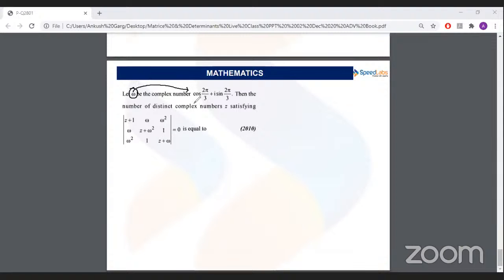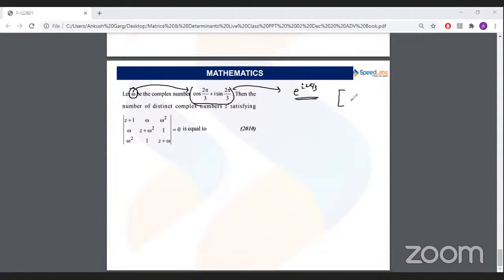Here they have given this relation. So you can clearly see cos 2 pi by 3 plus iota sin 2 pi by 3. That is nothing but our cube root of unity, e to the power iota 2 pi by 3. But if it is not given, if this term were not given here and it was this type of expression, then you should not assume that omega is a cube root of unity. Sometimes students make such a mistake. So it will be mentioned every time.